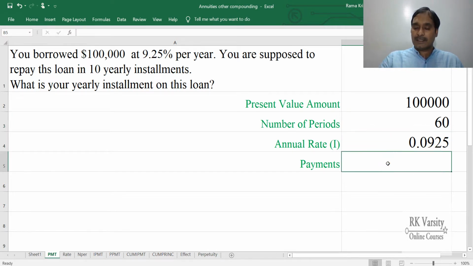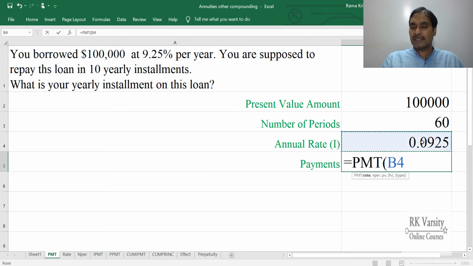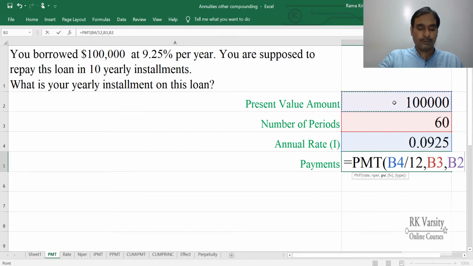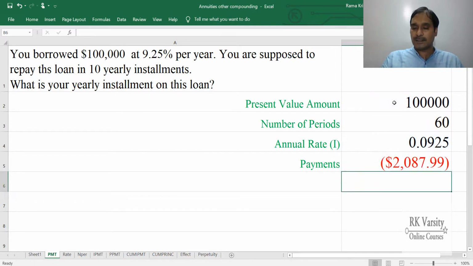Now in this case your PMT will be equal to payment, your rate, so this is the annual rate divided by 12, you will get a monthly compounding rate. The number of periods, 60 payments, that is 5 years times 12 months. Then place a comma here and your present value, that is the borrowed loan. Close the bracket, enter key.